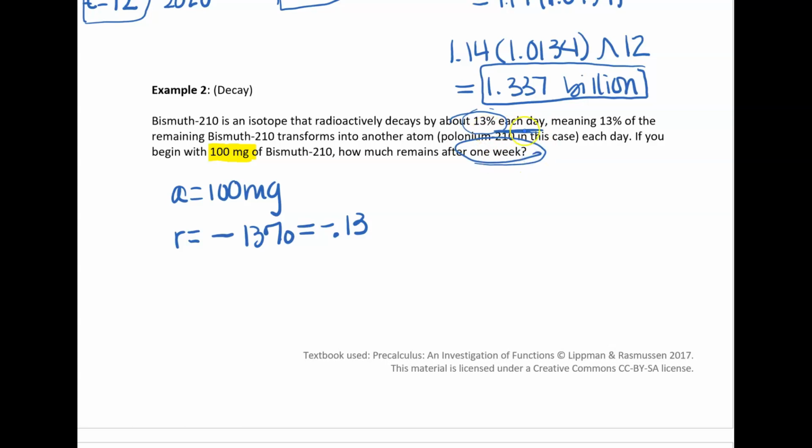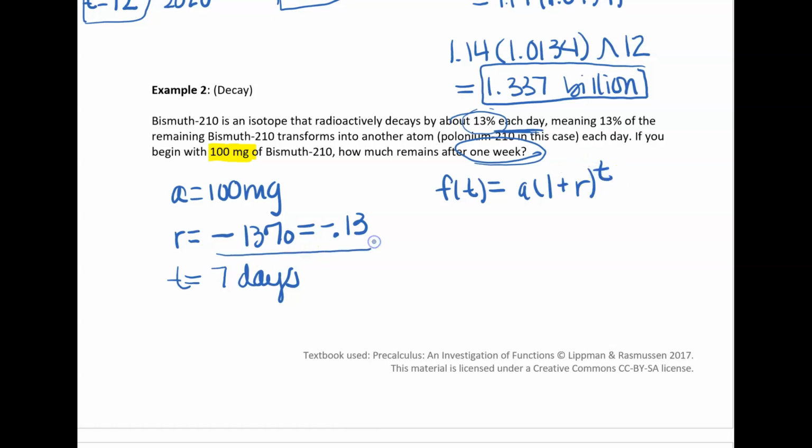Well, since our rate is in terms of days, our time we're going to make in terms of days. So we're going to say how much is left after 7 days. And so use your similar equation. We're going to use that f of t equal to a parentheses 1 plus r to the t, but you're going to see a negative come out of there because of our negative rate.